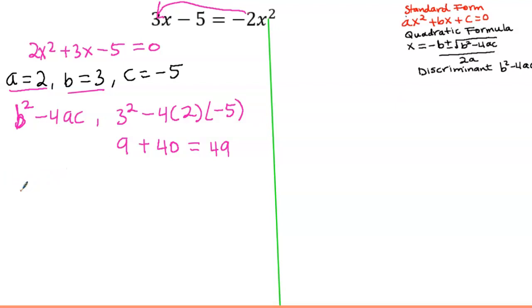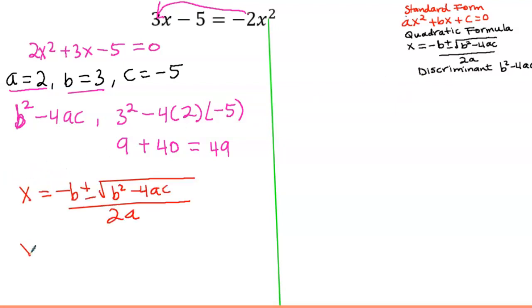And now we bring our quadratic formula. Okay, let's plug them in. We bring our negative, the b is here. It's negative 3 plus or minus. We were able to find the b squared minus 4ac to be 49, so we put it right here, all divided by the a was 2, so times 2.